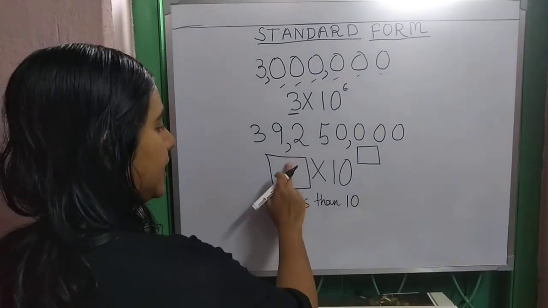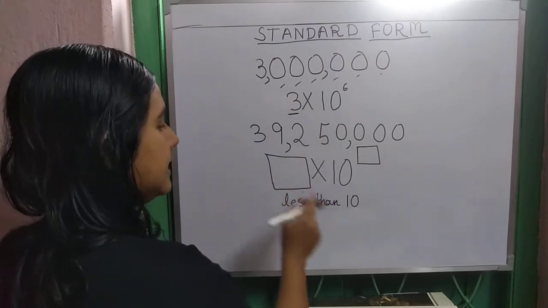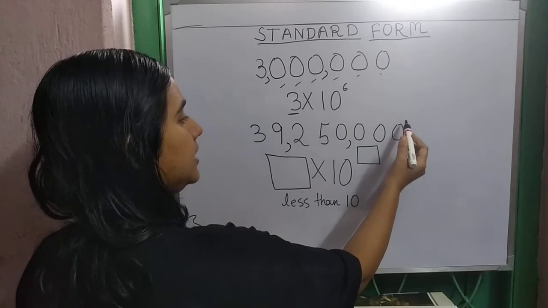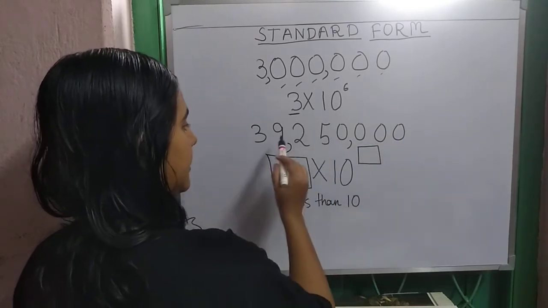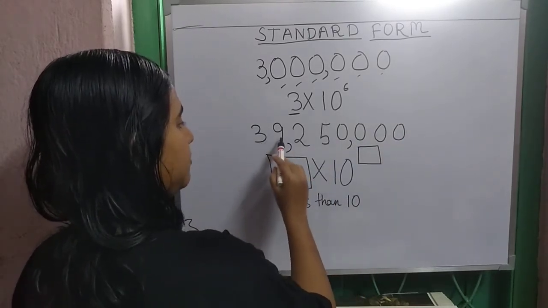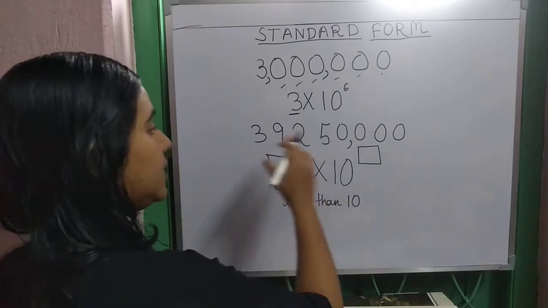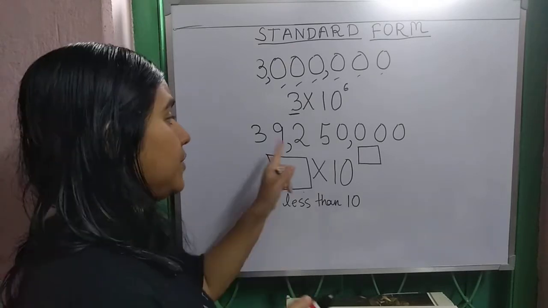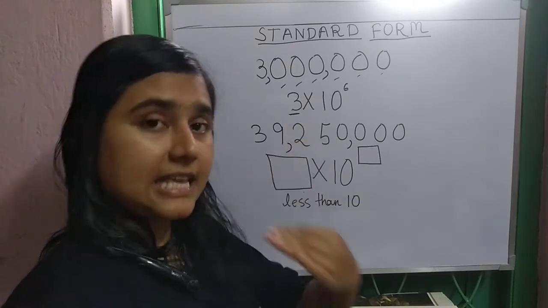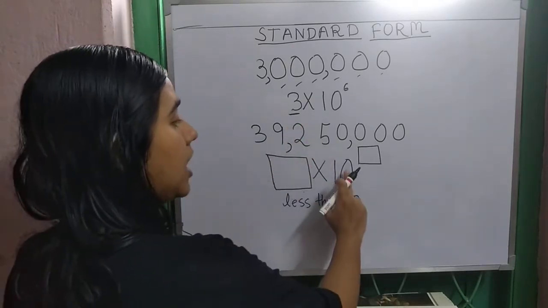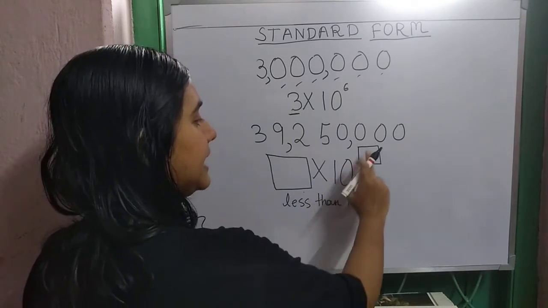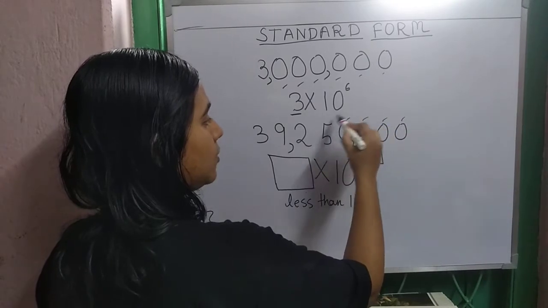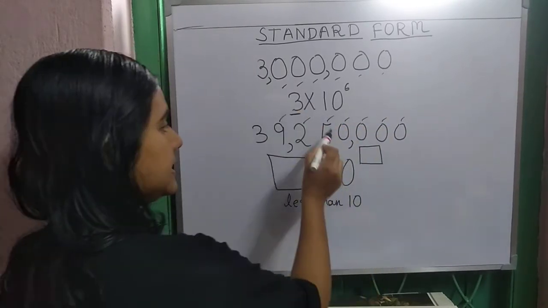If I want here a number less than 10, then we have to calculate how many digits are there if I take this as 3.925. How did we get 3.925? Because 3.925 is a number which is less than 10. Now what will be the power of 10? 1, 2, 3, 4, 5, 6, 7. 7.